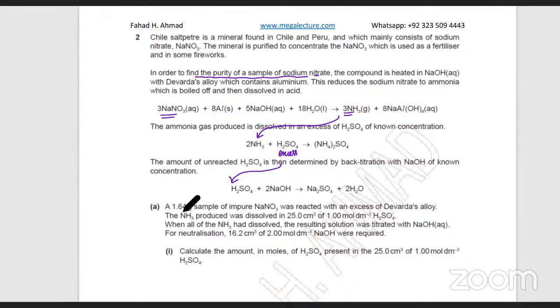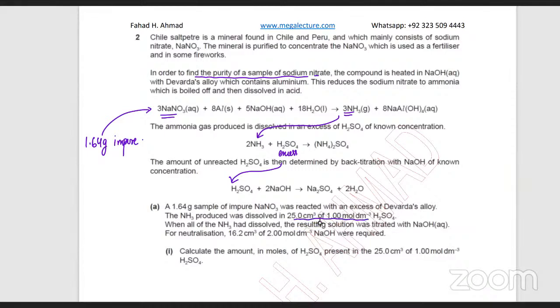Now the data is given here. How much of the impure NaNO3 did you take? You took 1.64 grams. But impure, so that means that's not pure NaNO3. The NH3 produced was dissolved in sulfuric acid.